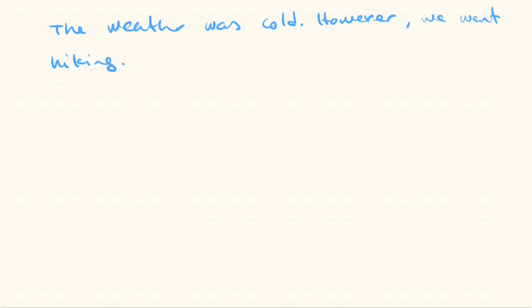So if we want to put it together, we can either make the dependent clause first and then the independent clause, or vice versa. Both of them work. Let me show you an example of both, and then it becomes very clear. You can say we went hiking, and this is a complete sentence.